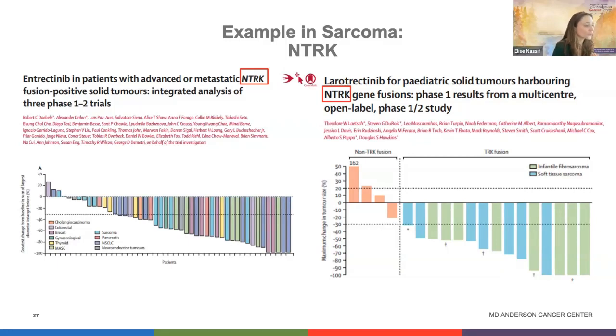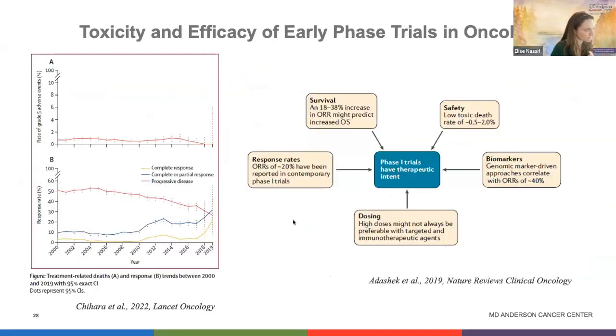And we just know that with such great response rates, this drug is going to be beneficial for this population of patients. And also, when you have such great results, it's not ethical anymore to a certain extent to randomize patients in a phase 3 to something that we know for sure is not going to be as good. When we do phase 3, the understanding is that we don't know for sure that the drug we're testing is better than what we were doing before.